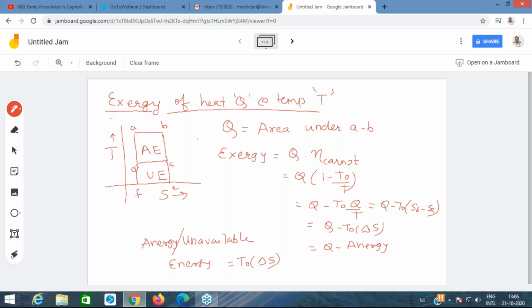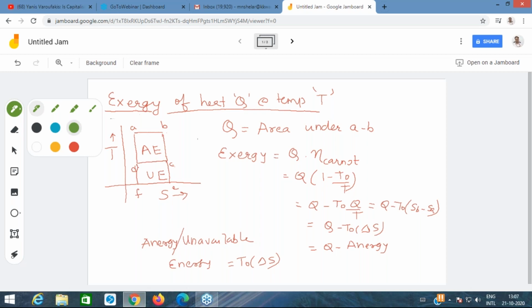If you have understood this diagram, then it should be very clear to you. Again, I will repeat. Look at this diagram. The area ABEF, that is the area under A to B. I'll be using another pen, another color.